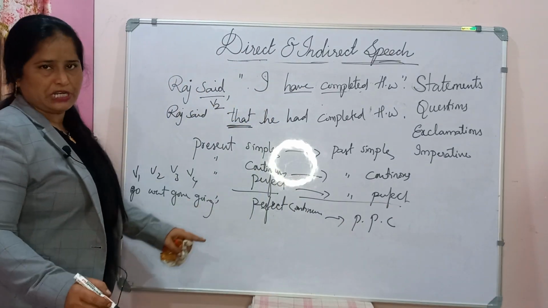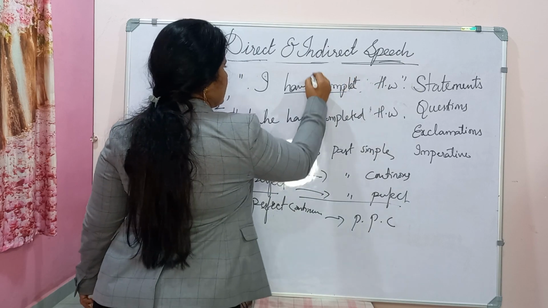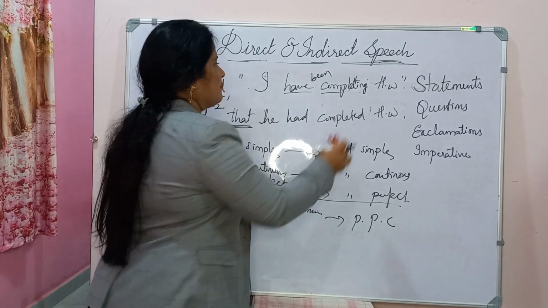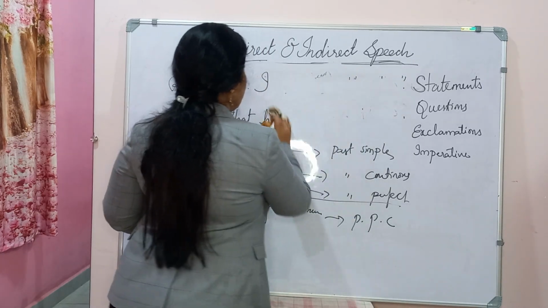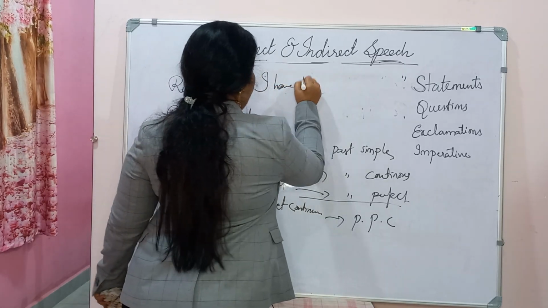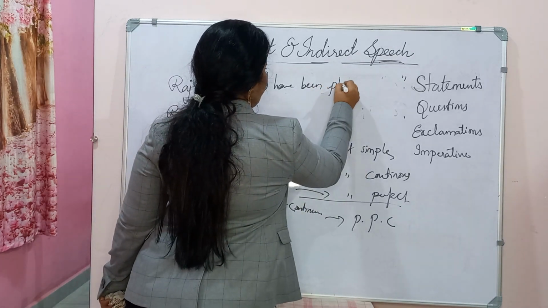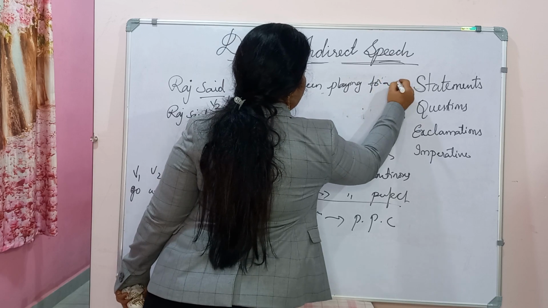Now, present perfect continuous. So I'll change the same sentence. "I have been completing" will not be fine, so let us take what he has been doing. Raju said, "I have been playing for a year."